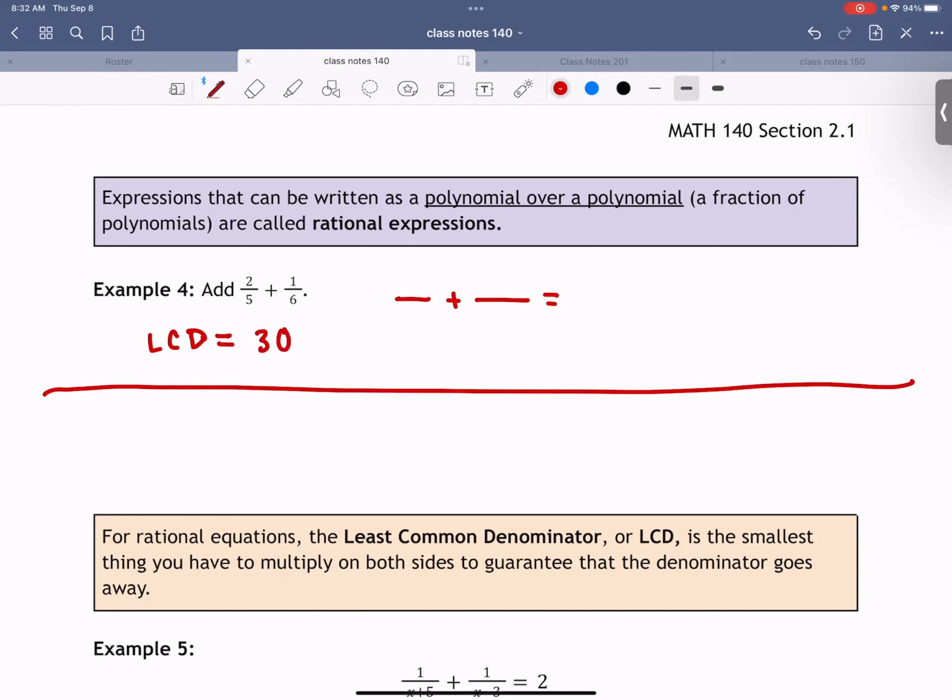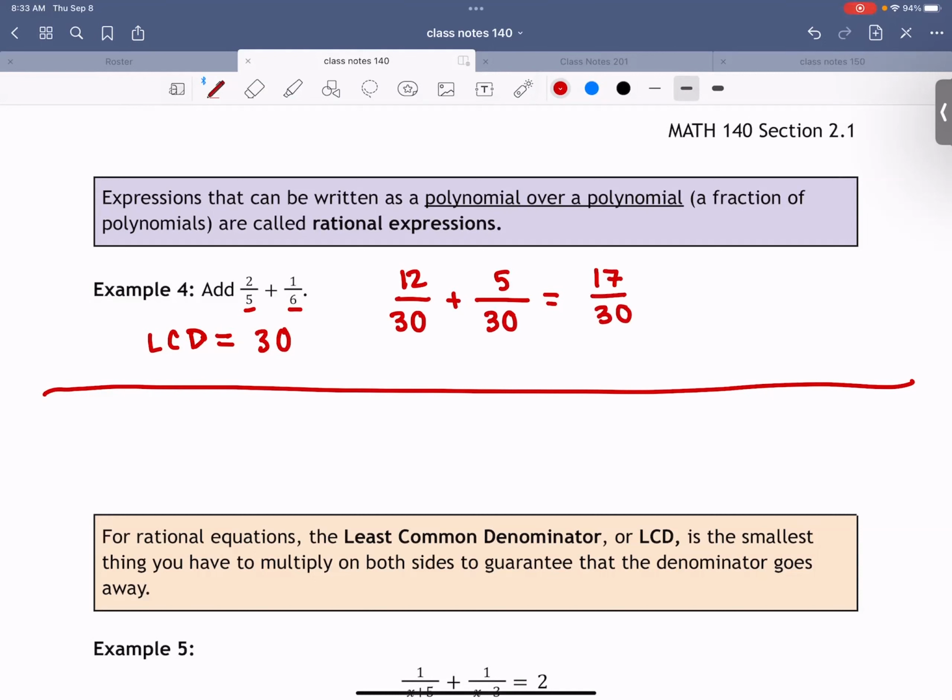You basically took 6 and 5 and multiplied them together, and the easiest thing to do is to make both of these fractions a fraction over 30, so I can add them together. 2 as a fraction over 30 is 12 over 30, and 1 as a fraction over 30 would be 5 over 30. So if we added these together, we would get 17 over 30.